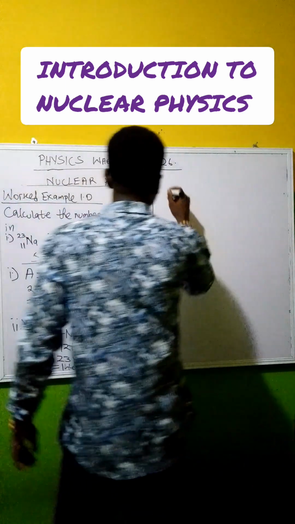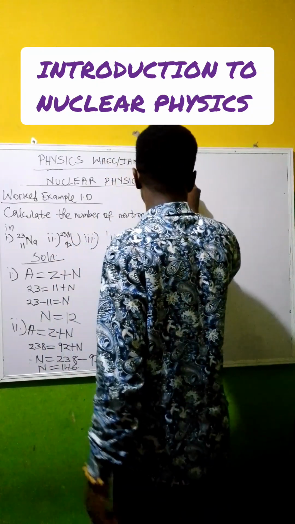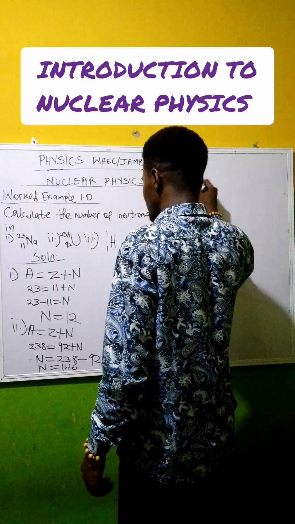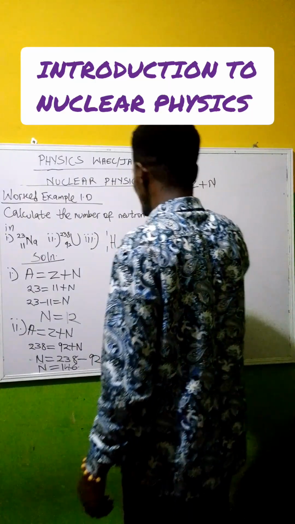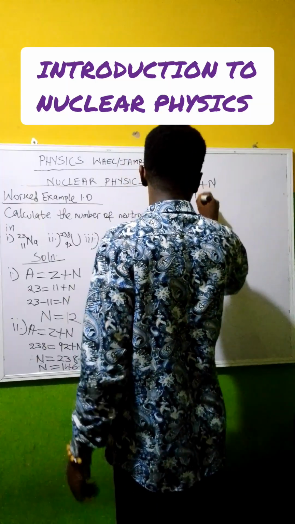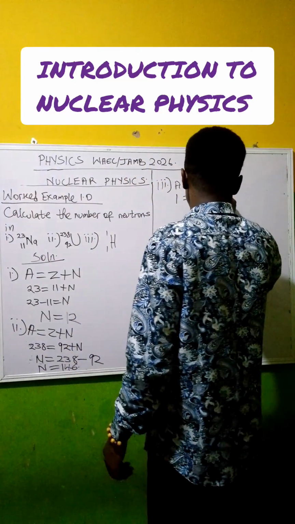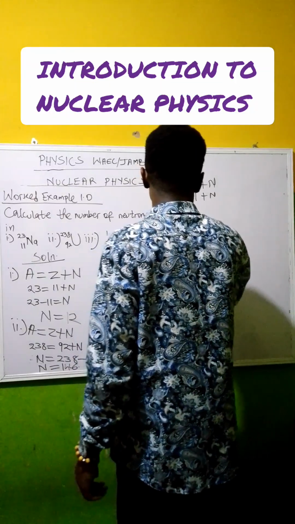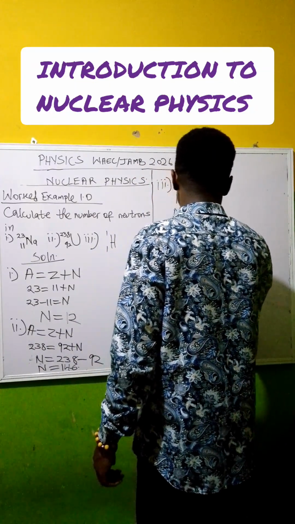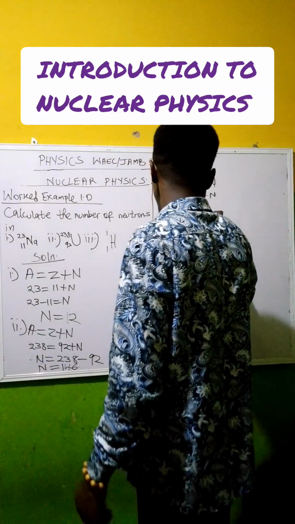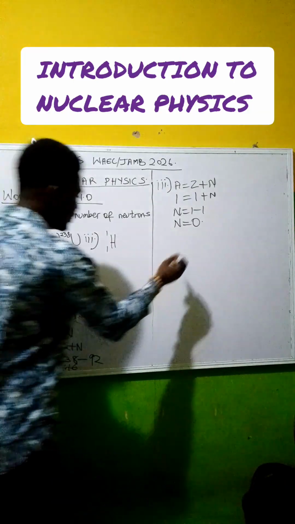For the third one, hydrogen, same formula, A equals Z plus N. Our mass number A is 1, and our number of protons is 1. We are looking for the number of neutrons. So our N is 1 minus 1, so our number of neutrons is 0. This is the solution for the three questions.